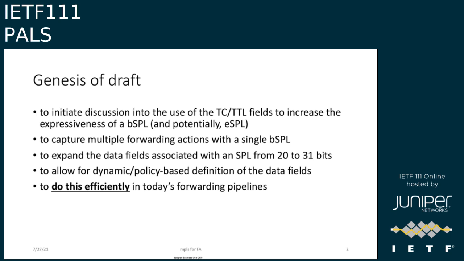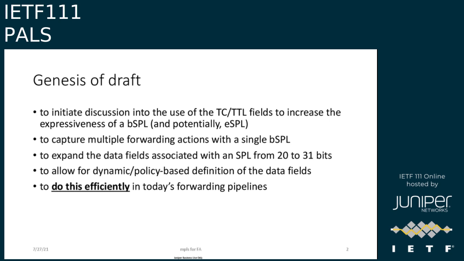By using it, the idea was that we could capture multiple forwarding actions with a single base special purpose label. And of course, the associated data can go from 20 bits to 31 bits. We did keep the end of stack bit sacrosanct because as you're parsing, you want to find the end of stack, and you don't want any confusion about that.